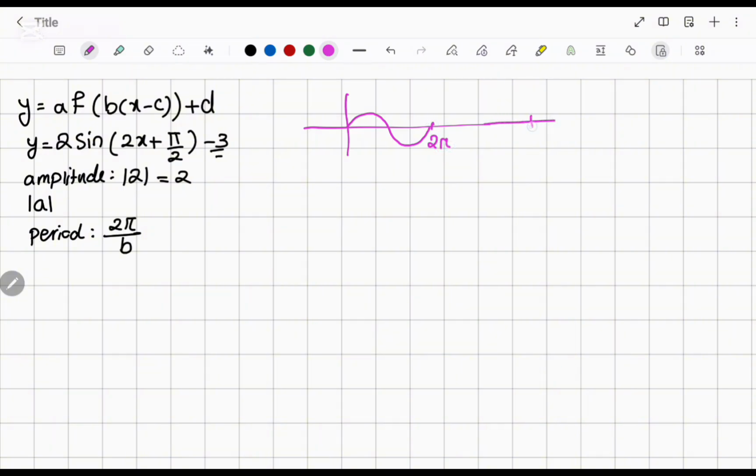So the first full cycle is going to appear at 2 pi, then the next one at 4 pi, looking like this. It doesn't matter whether the function is sine or cosine, the formula for the period is 2 pi over b. In order to know what b is, I need to factor out what's getting multiplied by x and write the function in this form.